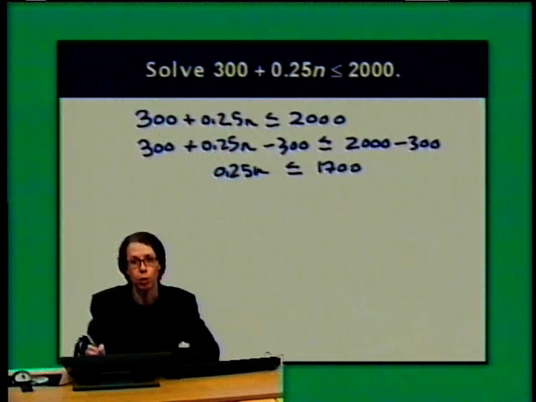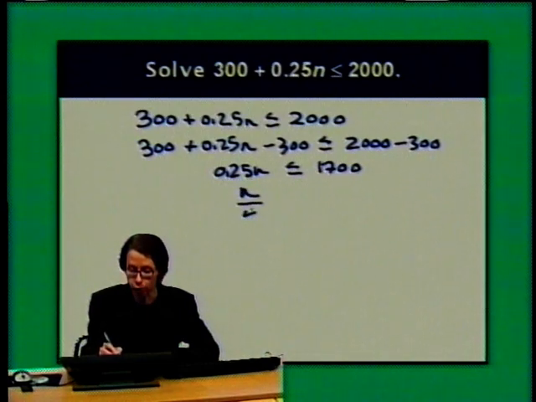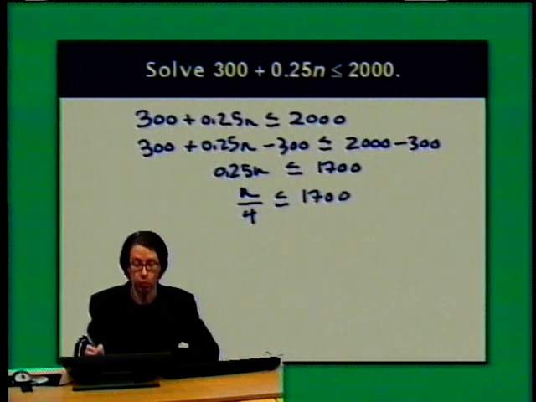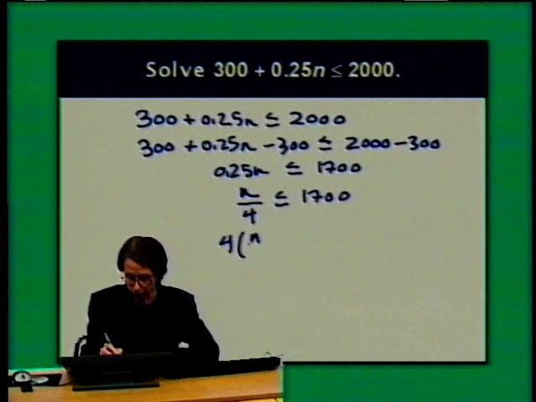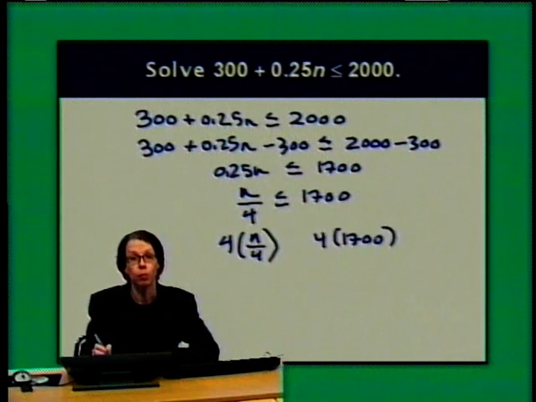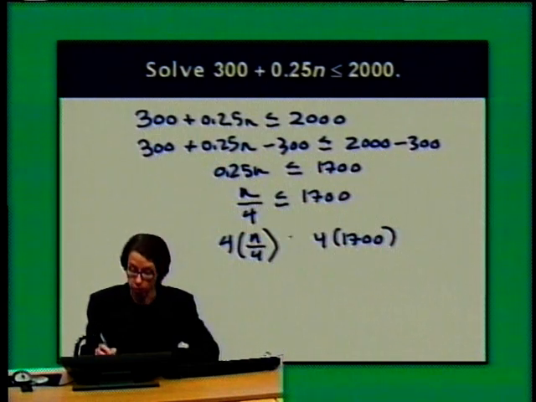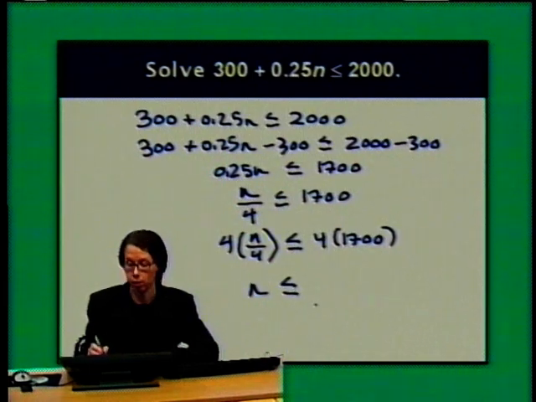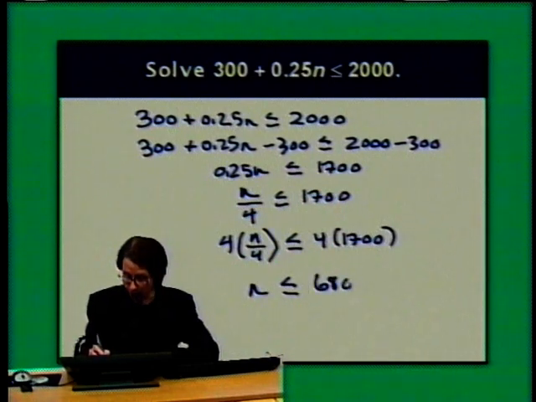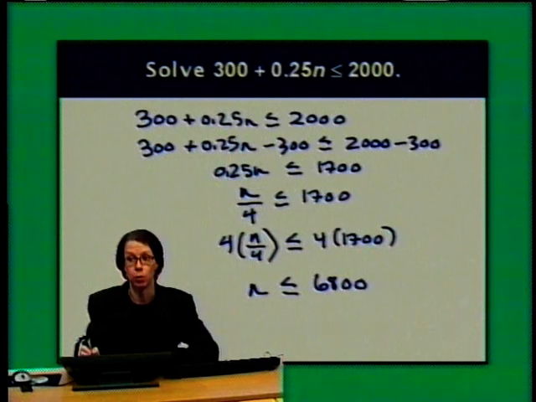And this time, rather than pulling out my calculator, I'm going to write 0.25n as n over 4 and multiply both sides of the inequality by 4. Now I've multiplied both sides by a positive number, so the sense of the inequality remains the same. So 4 times n over 4 is just n, which is what I want, and 4 times 17 is 68, so I have n is less than or equal to 6,800.